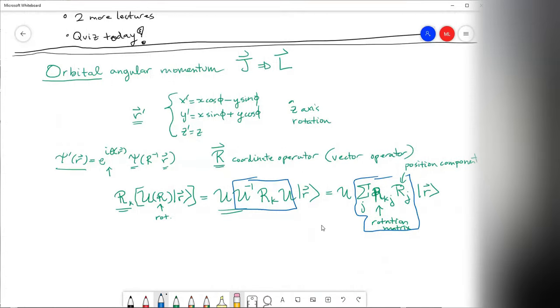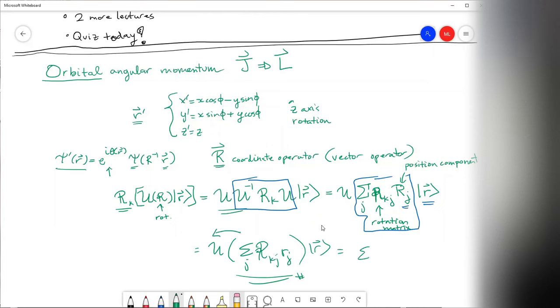So you see, now this is an eigenstate of these operators. So this all comes out, and you get U, and now this is just the sum over j of the rotation matrix R_kj, times little r_j. These are the numbers, since this is the eigenstate of position, so these are just the eigenvalues, the actual rotated coordinate, acting on the ket r. So you see, this is just a number now, and so it can come out.